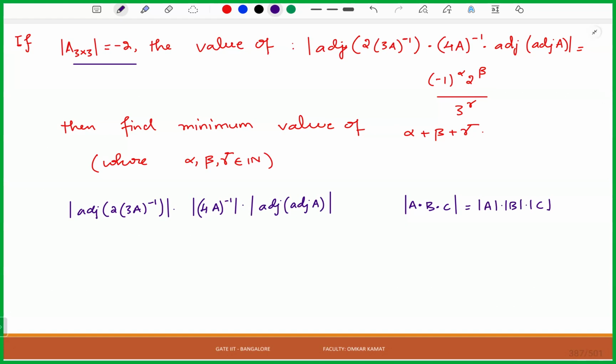Correct or no? So first one, if I solve this, it will be nothing but determinant of adjoint of 2 times, where the 2 will come outside.